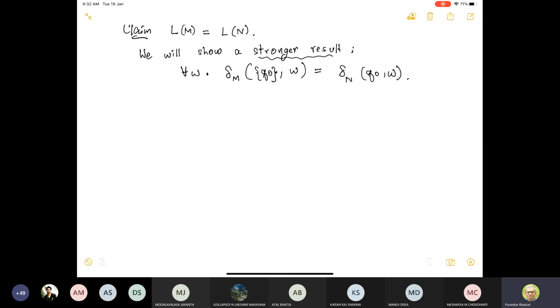On the length of the word. That's right. So by induction on the length of the word W, right?